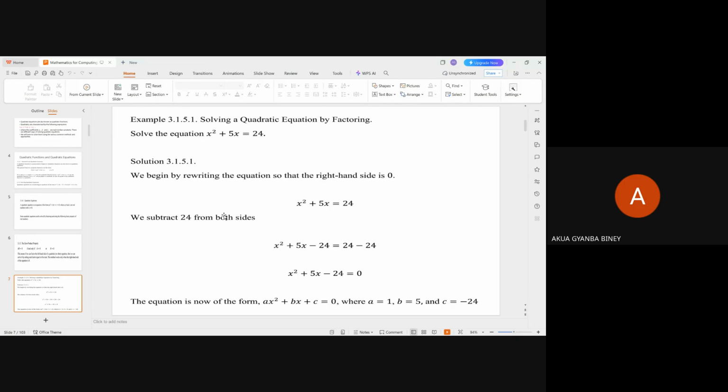In this case, we subtract 24 from both sides. Then we end up getting x squared plus 5x minus 24 equals 0. So in this case, A is 1, B is 5, and C is minus 24. So the first step is to make the right hand side 0.